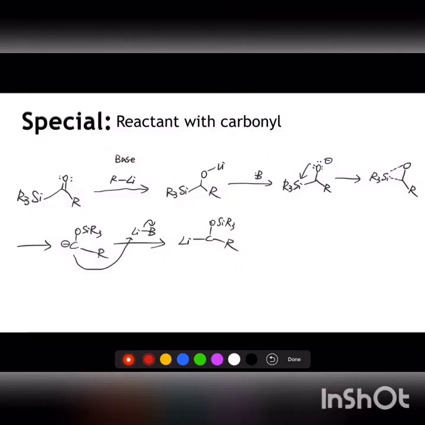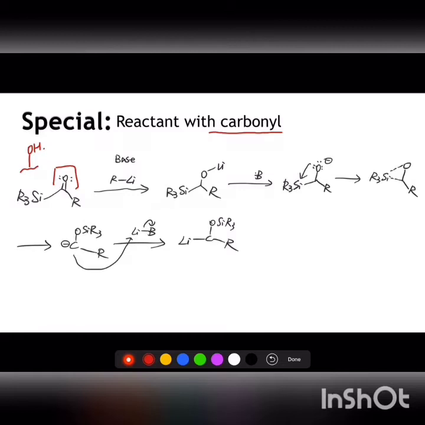After we learned the normal base Brook rearrangement, there is a special one, whose reactant is with a carbonyl. So this is one carbonyl, right? The normal one is with hydroxyl, I think, and the special one is with carbonyl.